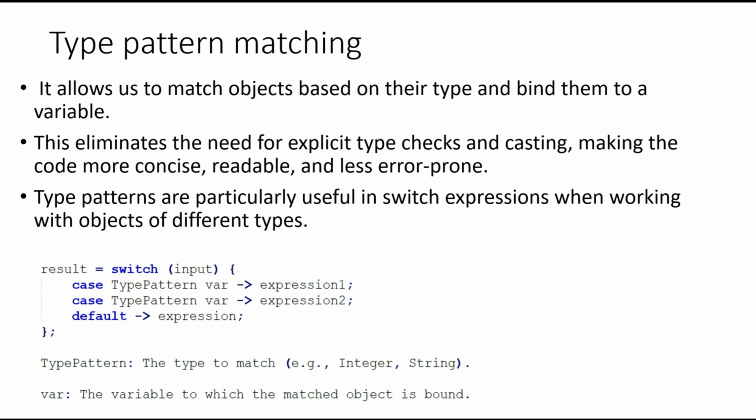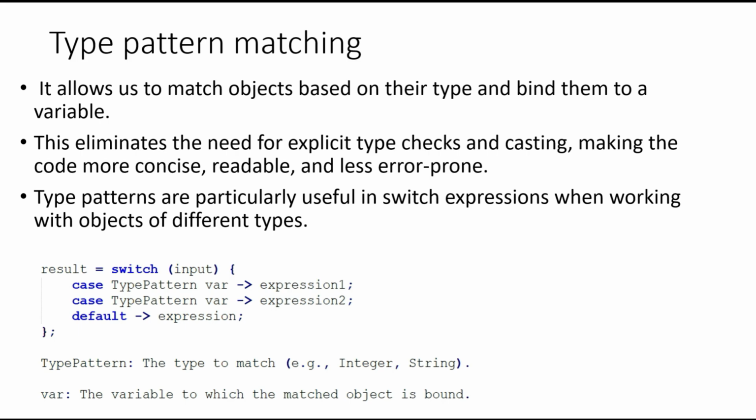Here in this screenshot, we can see that the switch is taking the input variable as an input, and then it is going to match the type of the input variable with the type pattern. If the type of input matches the type pattern, then the first case would be evaluated and the value of the input would be stored in the binding variable and expression 1 would be executed.